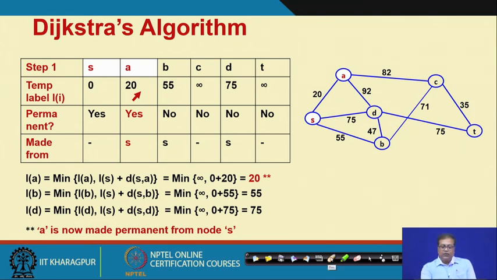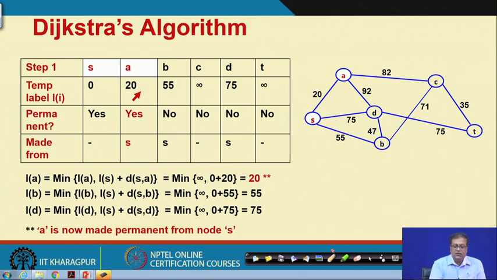So, we can actually find out, S to A, where 0 is the last node, so 0 plus 20, 0 plus 55 and 0 plus 75. Their current level was infinity. So, out of that obviously 20, 55 and 75 are minimum. So, we put them. 20 is the minimum. So, we highlight 20 and you make that 20 permanent, right. So, we make A also permanent. S was already permanent. Now, A is the last node to have been made permanent. So, make A permanent.